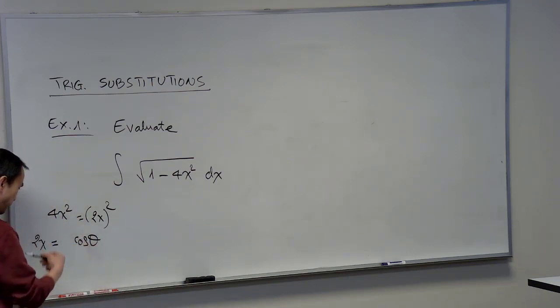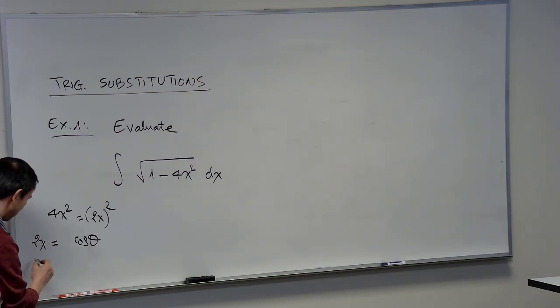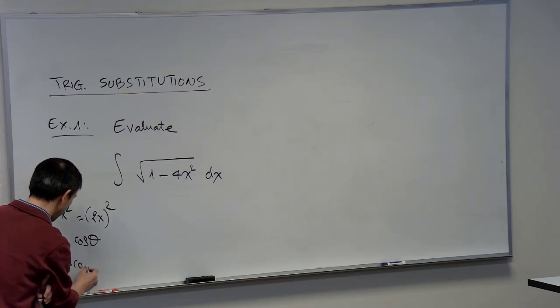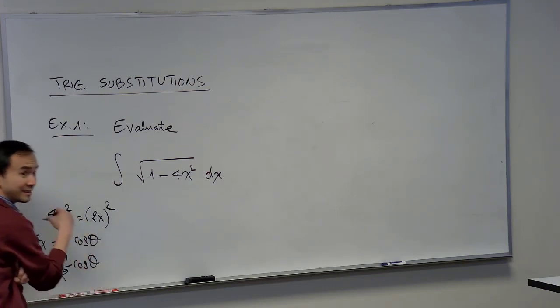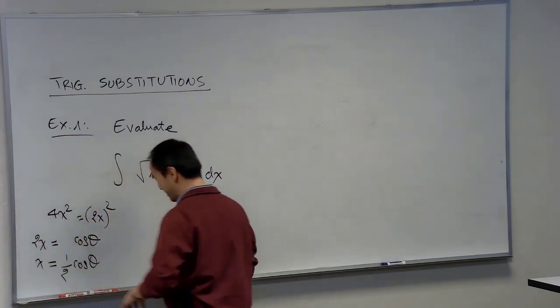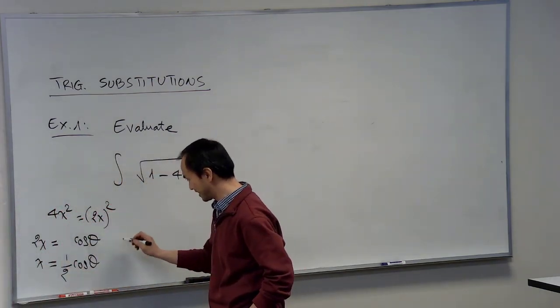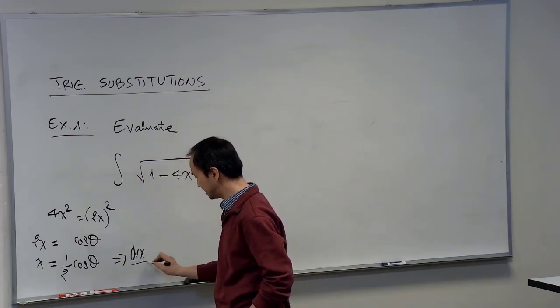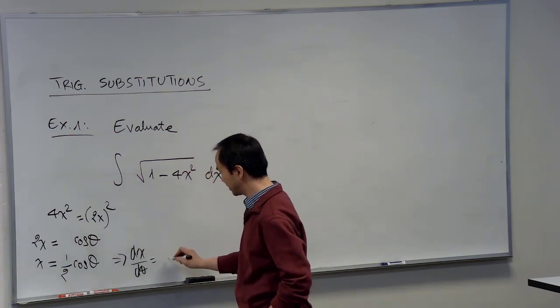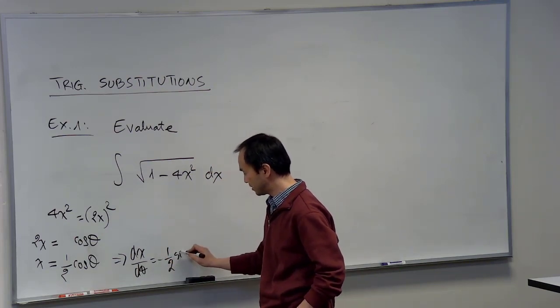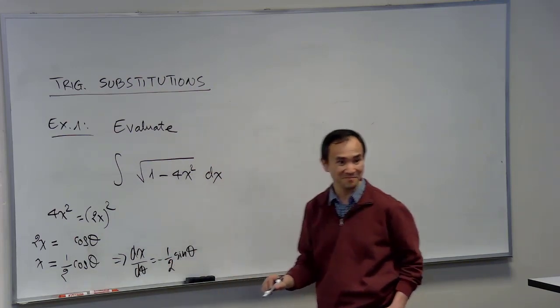So here's the thing. It's a substitution. So right now you can see that as x equals 1/2 times the cosine of theta. You guys agree? So it means dx/d theta is minus 1/2 sine of theta. Do you agree?